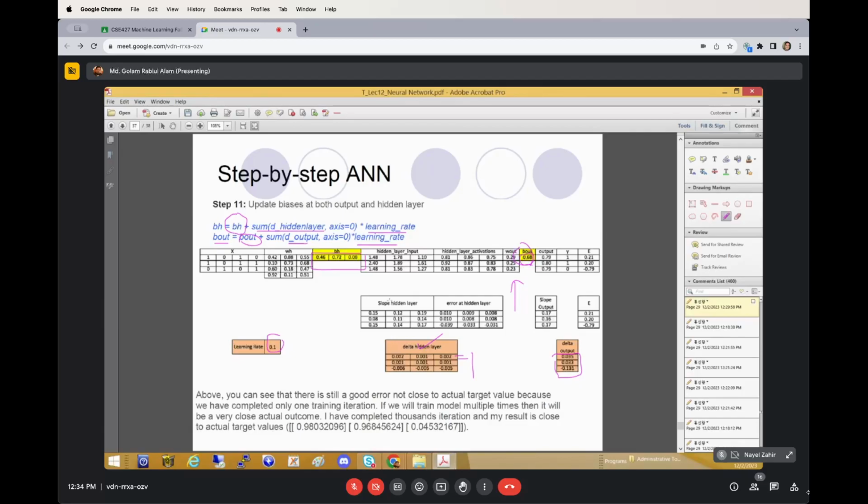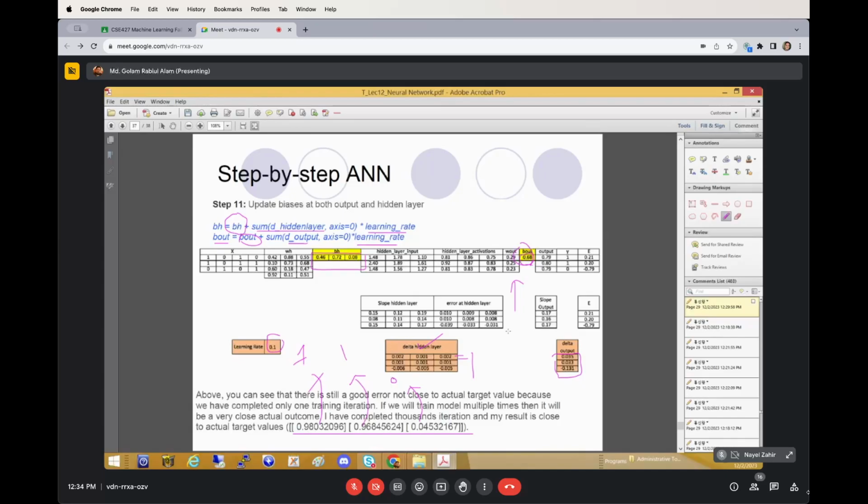If we perform the iterations this way, after maybe 1000 iterations you will get values like this. The first value is 0.98, which is close to 1, the second value is 0.96, also close to 1, and the third value is 0.04, close to 0.